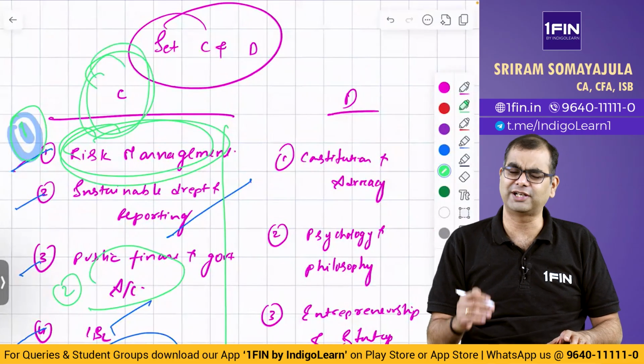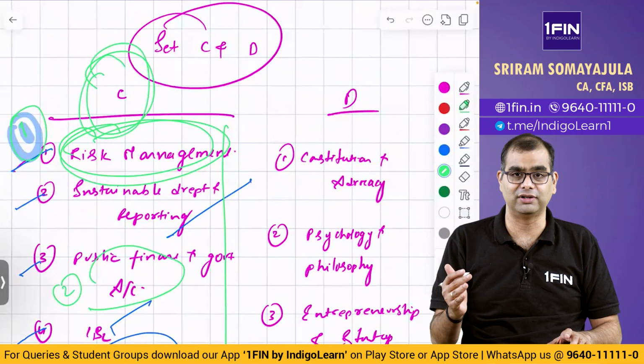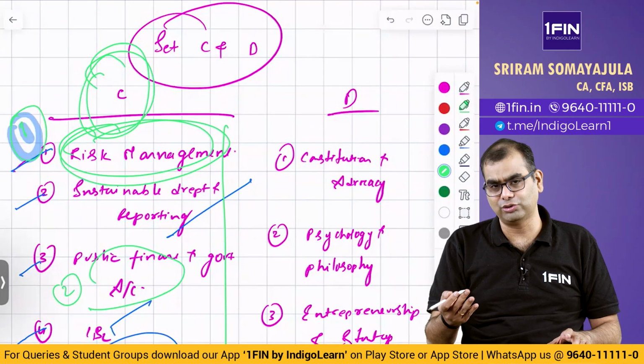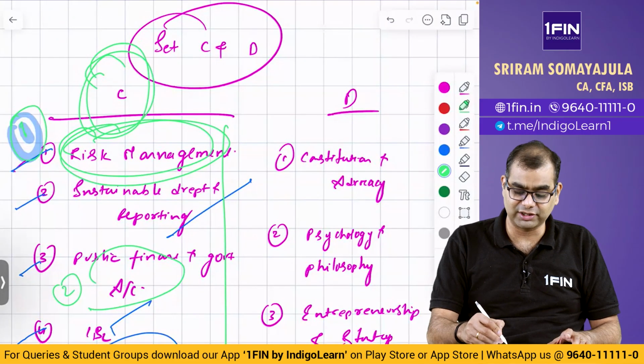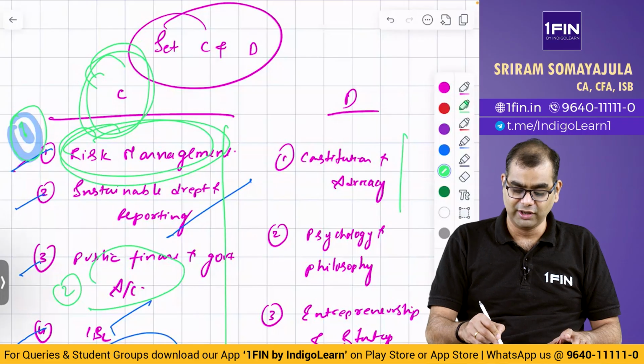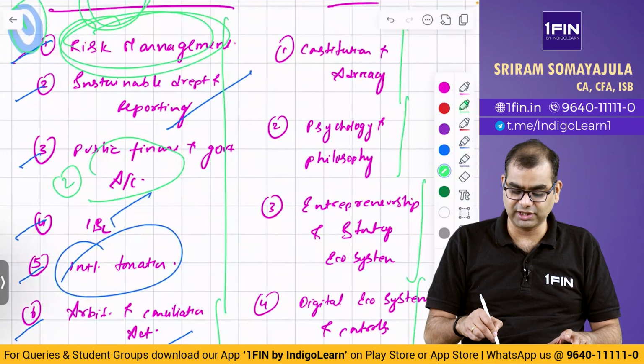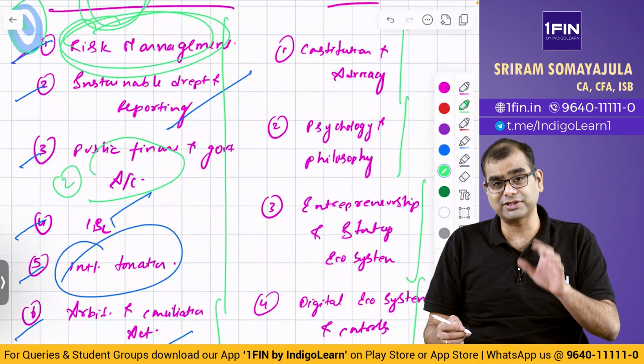Now coming to set D. Set D also has a wonderful syllabus. Again, I appreciate ICAI for coming out with this syllabus. How many of you, and even me for that matter, would be interested in knowing about constitution, philosophy and psychology, entrepreneurship and startup ecosystem, digital ecosystem and controls? It depends on our interest.